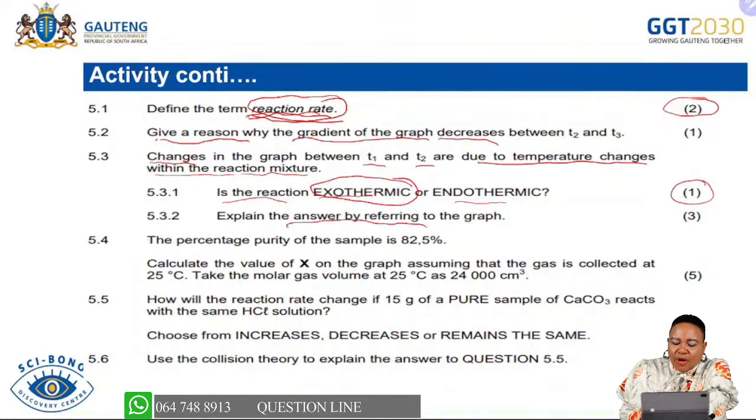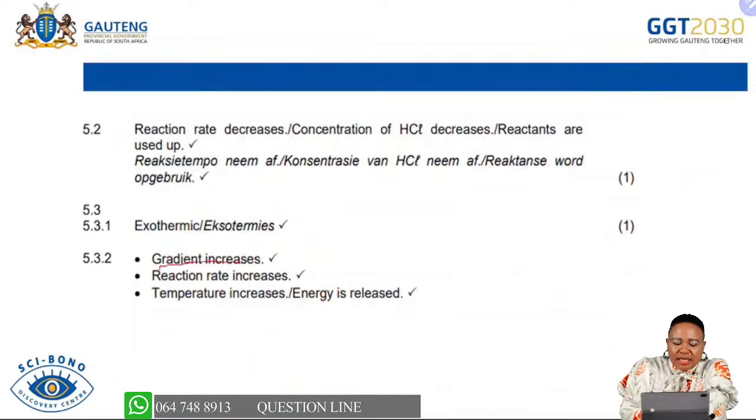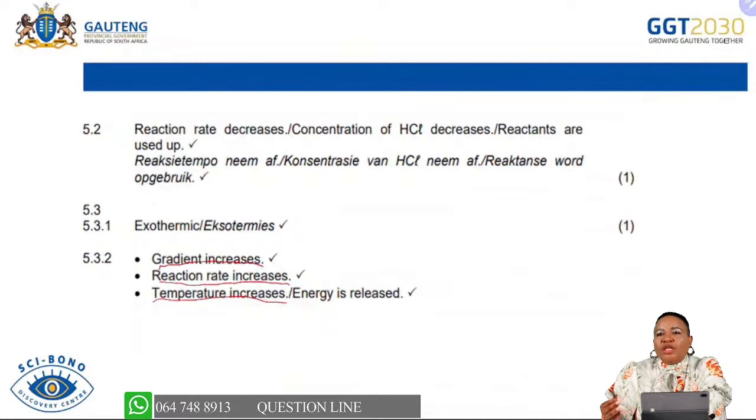And in terms of our answer, we can also refer to the steepness of the graph. We can say the gradient is increased, the reaction rate is increased, and the temperature is increased, or energy is released. That's why the reaction rate is higher because of the increase in temperature. So you need to say what convinces you that the reaction rate is higher.